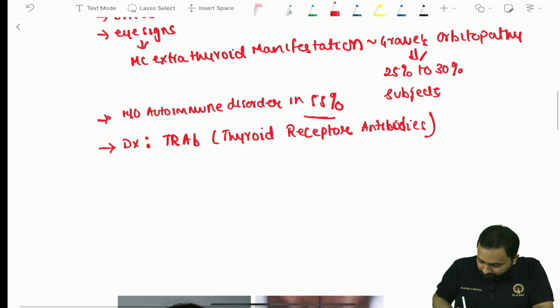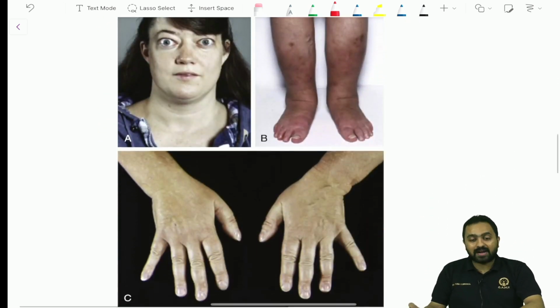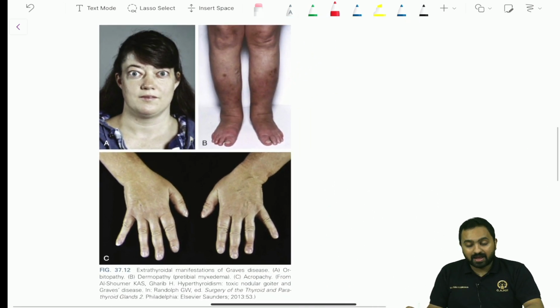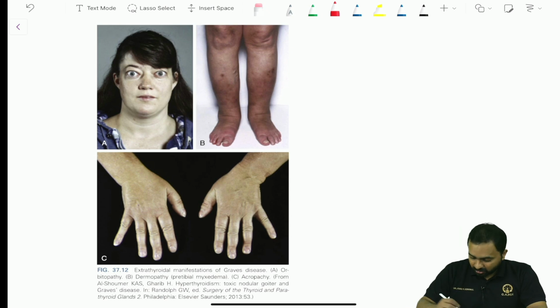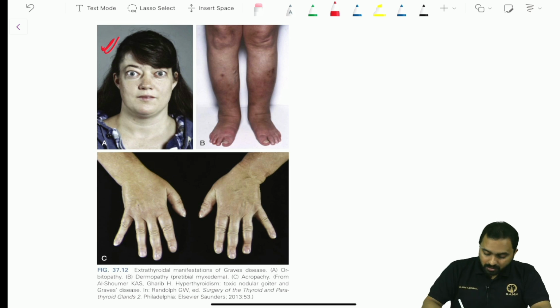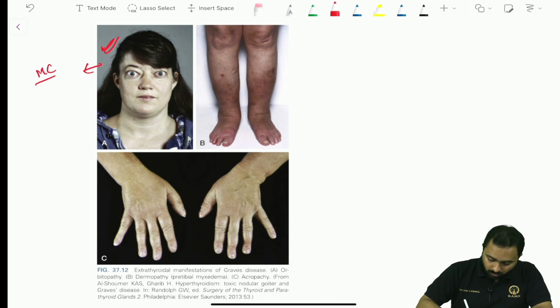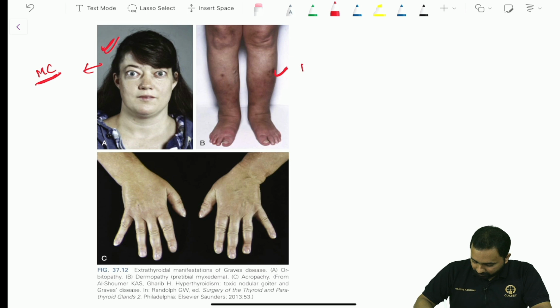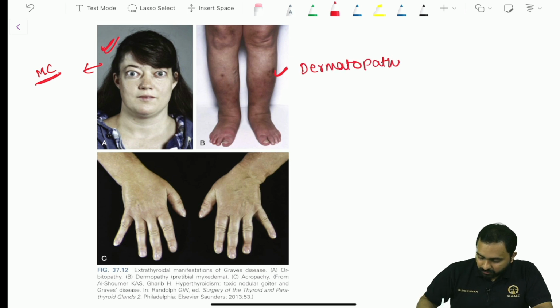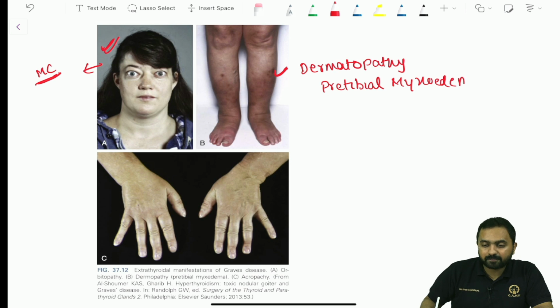Apart from this, you can look at this image where you have the extrathyroidal manifestations. This is the orbitopathy, which I have told you is the most common. Then you have dermatopathy. What is dermatopathy? What you see is pretibial myxedema.